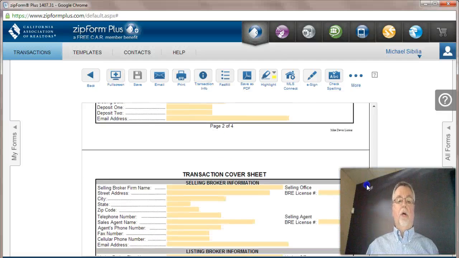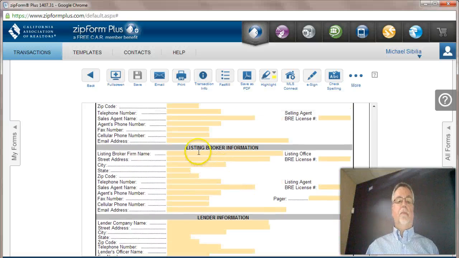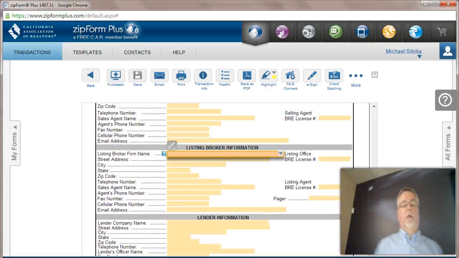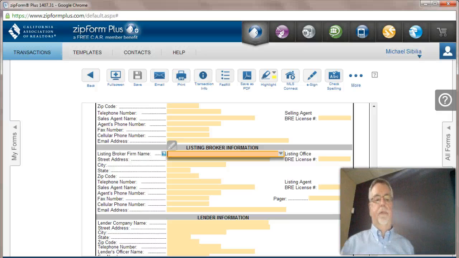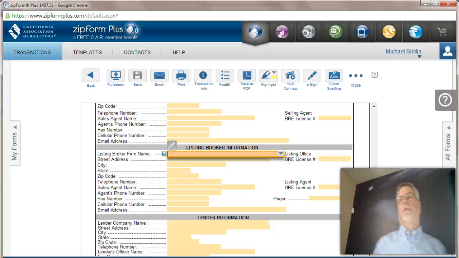But you want to go to the page that says listing broker information, and fill out that section so that it has the office name, the office number, all of that. You want to fill the whole thing out.